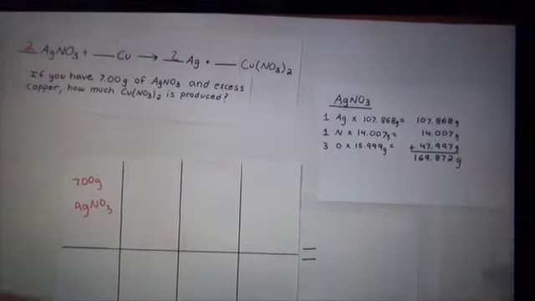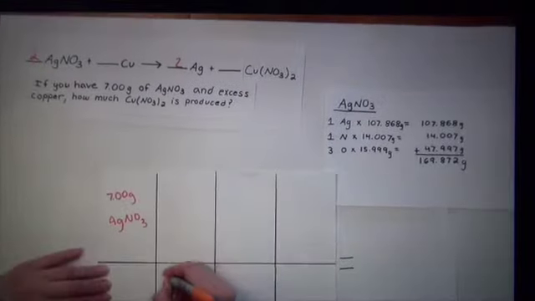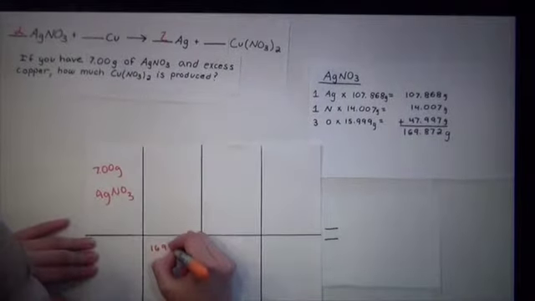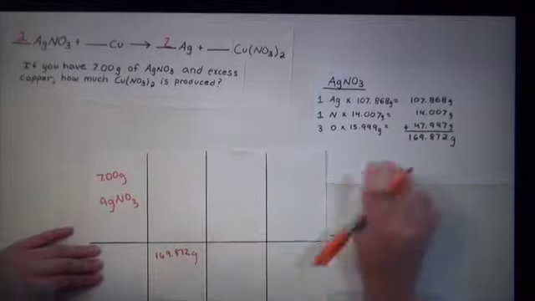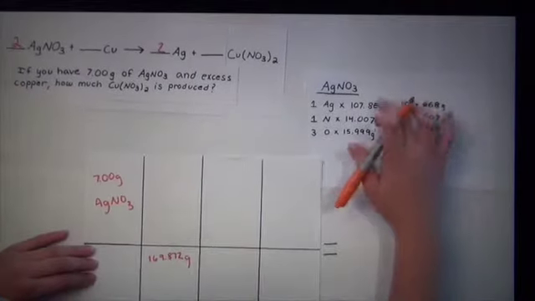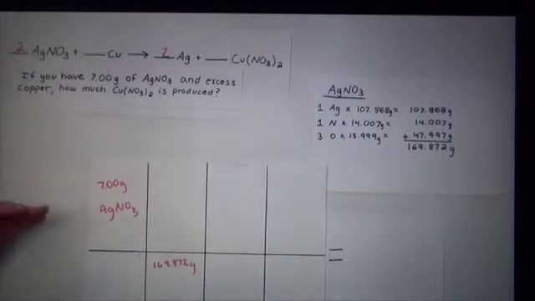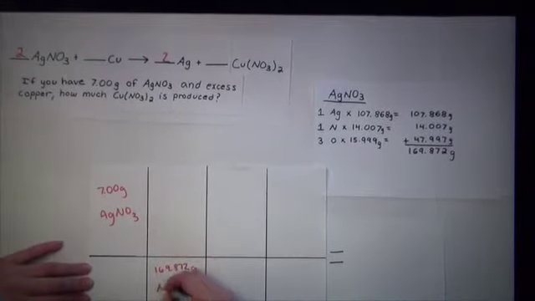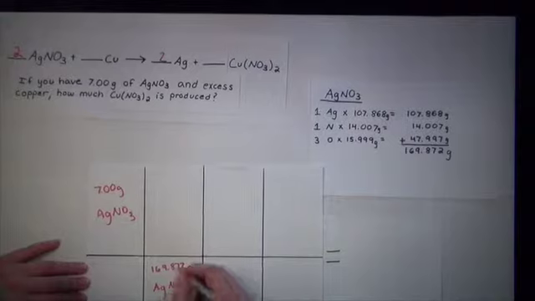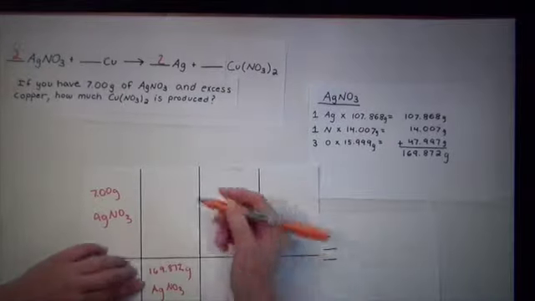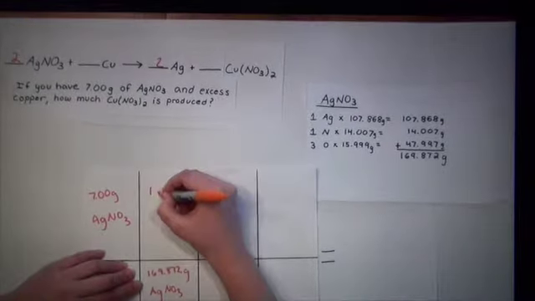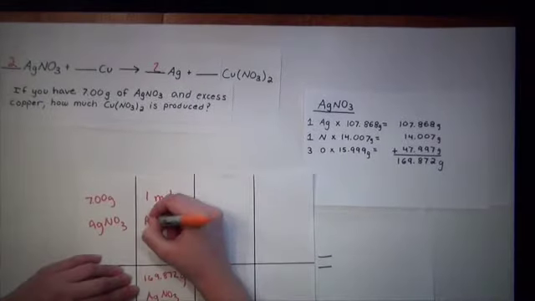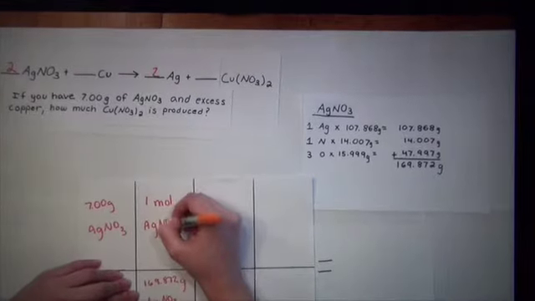And added together, our molar mass is 169.872. We have 3 sig figs here because all of our numbers have 3 decimal places. Okay, so this equals 1 mole of silver nitrate.